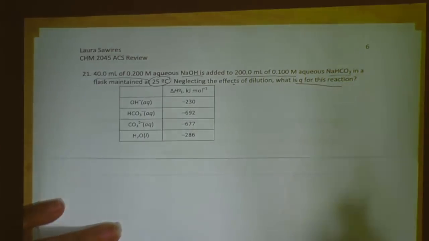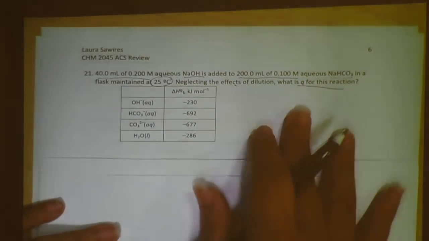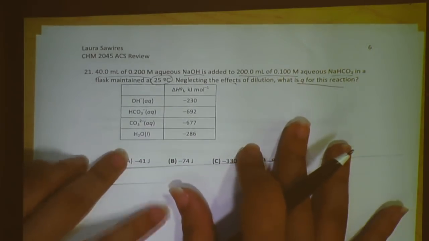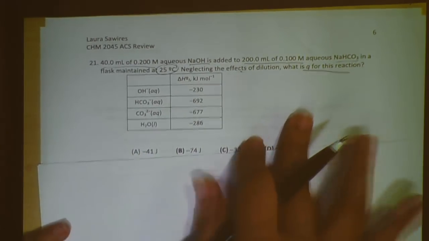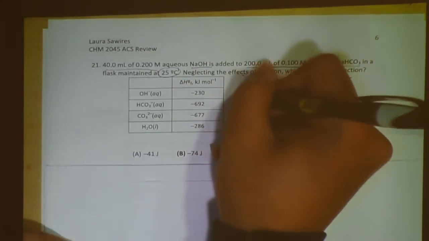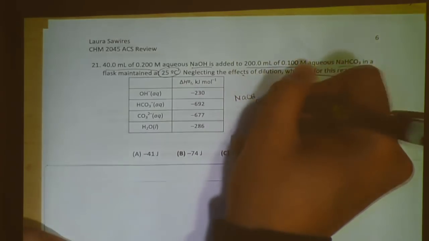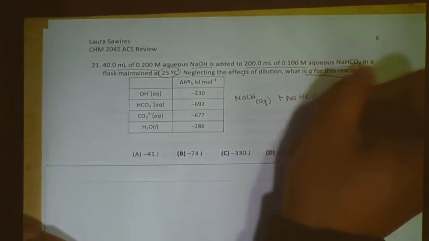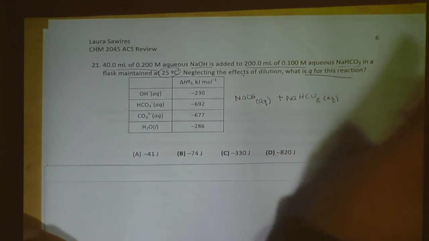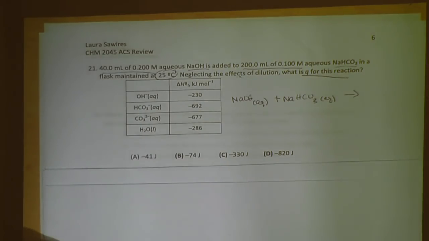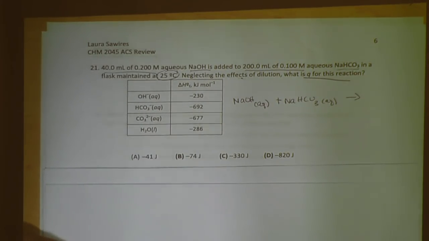Neglecting the effects of dilution, what is Q for this reaction? So this one you are solving for Q. So let's write down the overall equation that they tell us in the problem. So you have NaOH aqueous plus NaHCO3 aqueous, and it gives you something. And they're asking for Q.